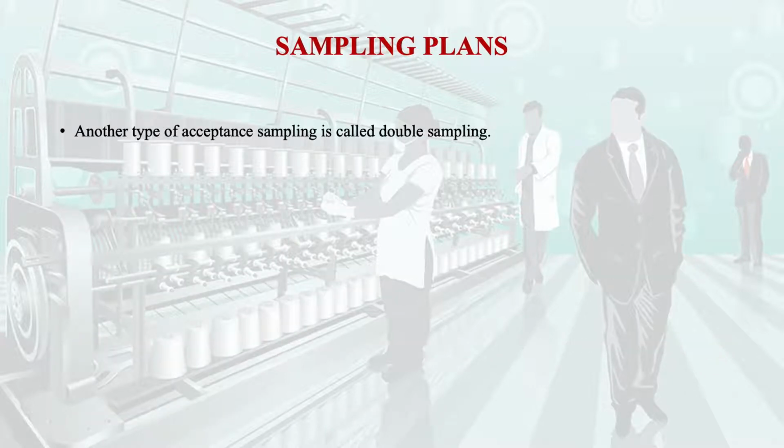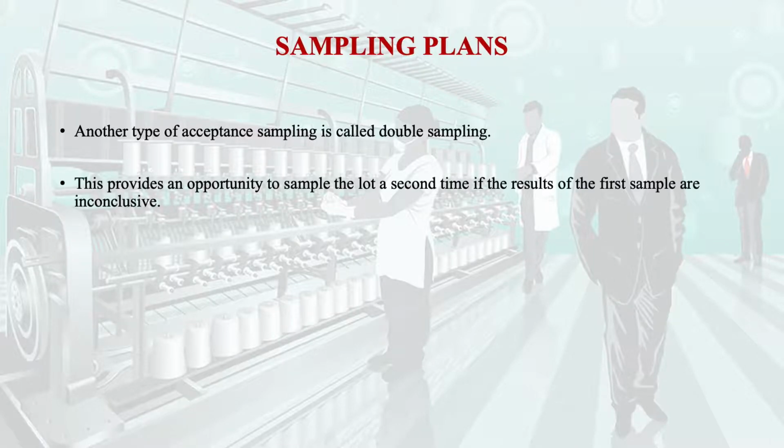Another type of acceptance sampling is called double sampling. This provides an opportunity to sample the lot a second time if the results of the first sample are inconclusive.